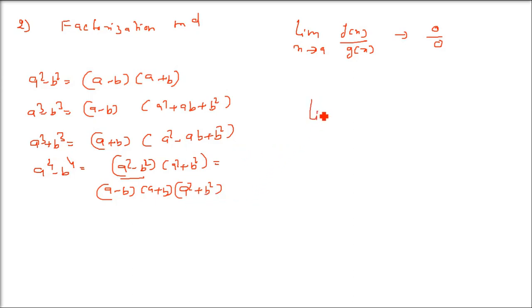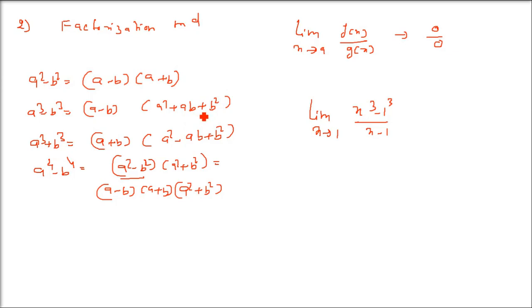So let us take a small example. We have this limit x tends to 1, and we have (x cube minus 1) by (x minus 1). So x cube minus 1, now this 1 can be written as 1 cube. So this is a formula of a cube minus b cube. So we can apply this formula I just mentioned, (a minus b)(a square plus ab plus b square), and what is a here? x.